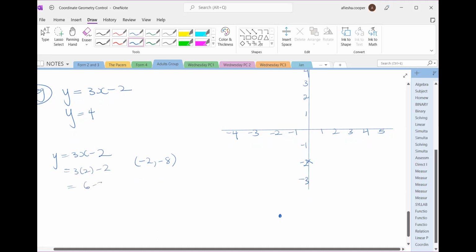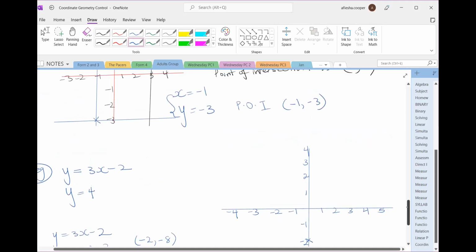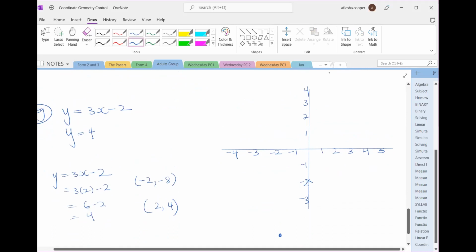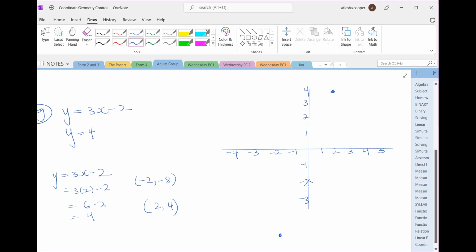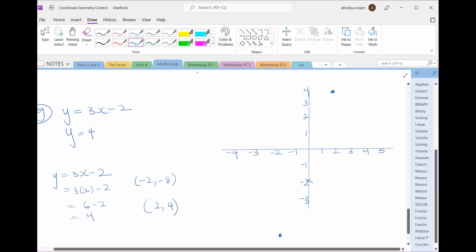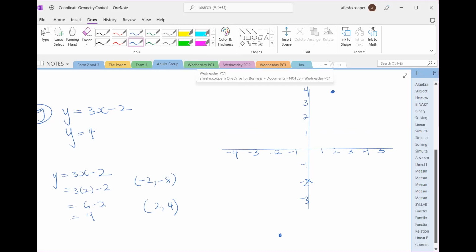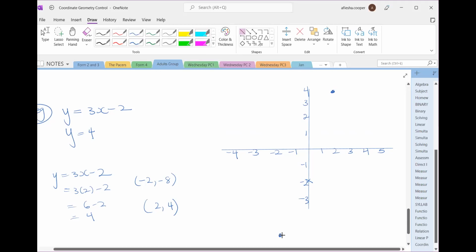That's 6 minus 2, that's 4. So my second coordinate is 2 and 4. Right, so what can I do now that I have two nice far coordinates? Connect them. Nice, and that's our line right there.